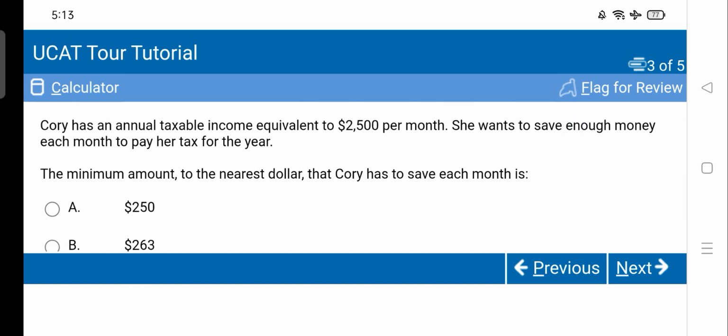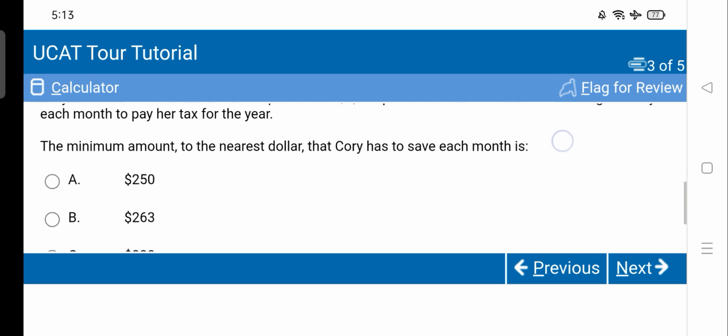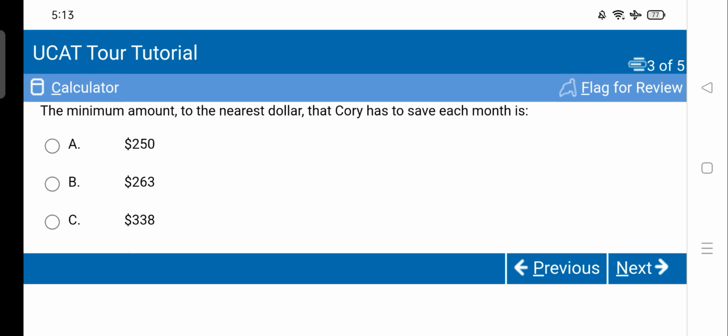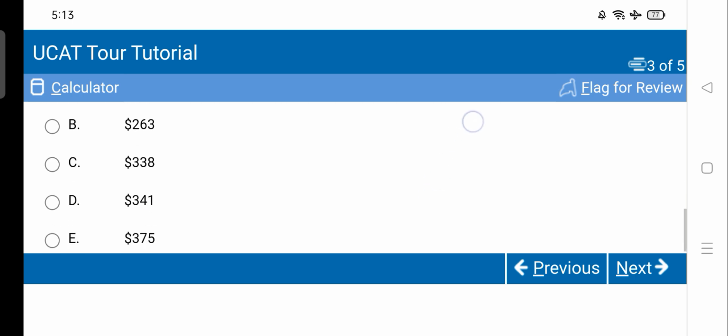The minimum amount to the nearest dollar that Corey has to save each month is option A $250, option B $263, option C $338, option D $341, option E $375.